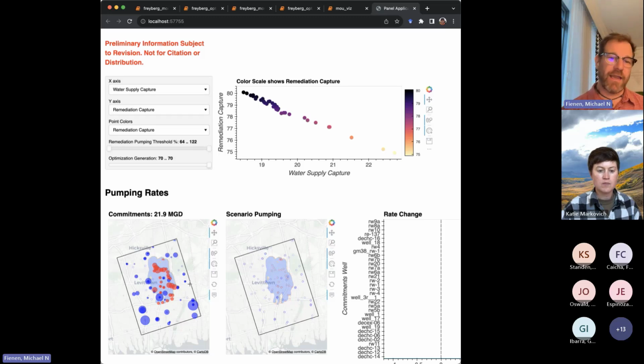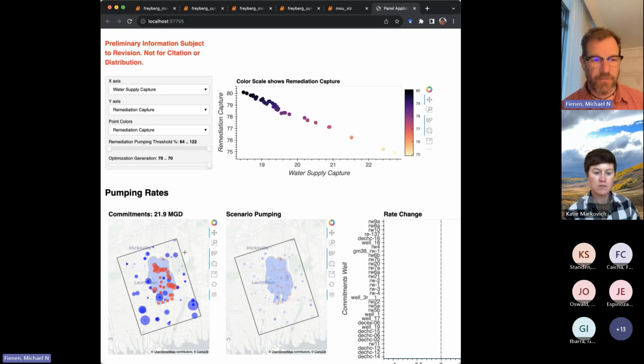But there are two pretty obvious objectives that want to be met here. They're running this pumping system and they're not allowed to change any of the water supply wells' pumping rates. Those rates are fixed. So the only decision variables here are the remediation well pumping rates, and they're all constrained within pretty tight bounds, actually.